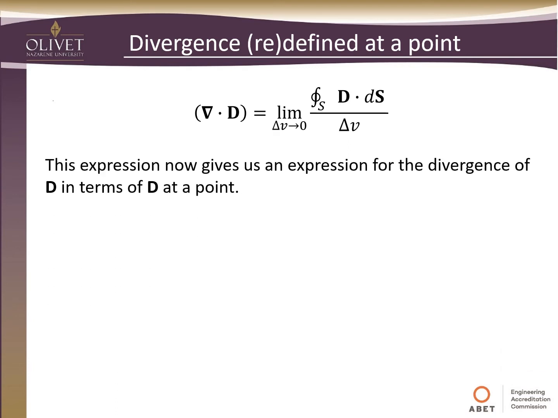Looking at this expression now gives us an expression for the divergence of D, which is what we've defined here. Del dot D is the divergence of D. This gives us an expression of this in terms of D itself at a point. So we can see that the displacement vector summed up over a surface divided by the volume, as this volume goes to 0, is what we're defining as the divergence at a point.